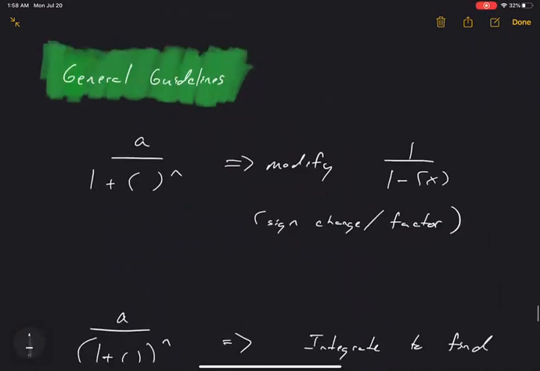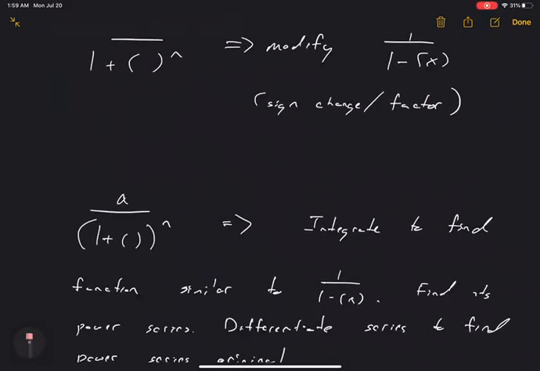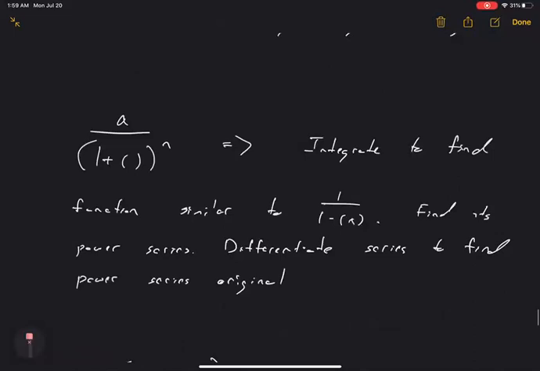Let's say I'm given a function of the form a over 1 plus blank to the n, or whatever. Okay. This should be something I can solve for just by directly modifying this 1 over 1 minus x. If I get something like a over 1 plus blank and that whole denominator is to the power n, that's going to be the case where I start by integrating this to find a function, find its power series, and then differentiate to find the series for this thing.